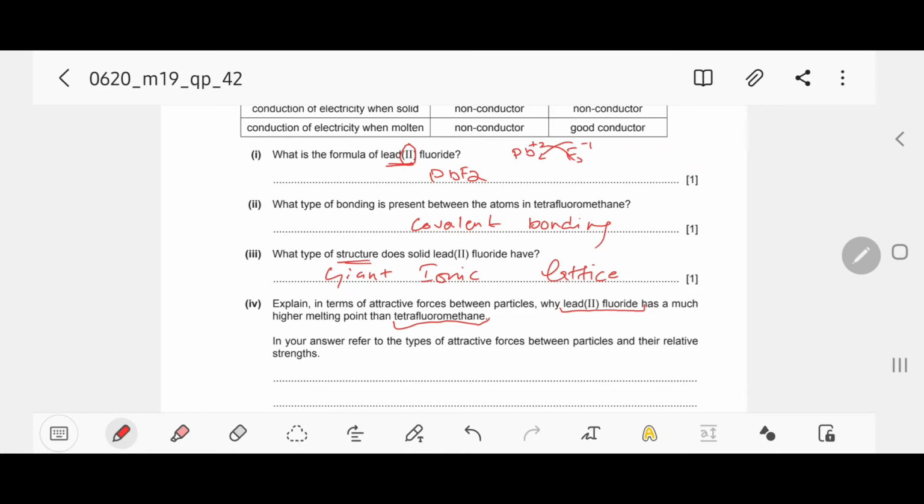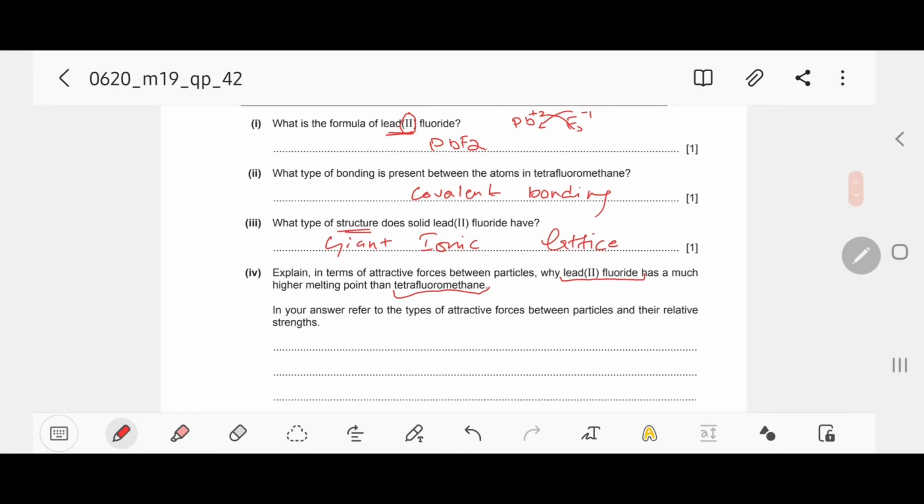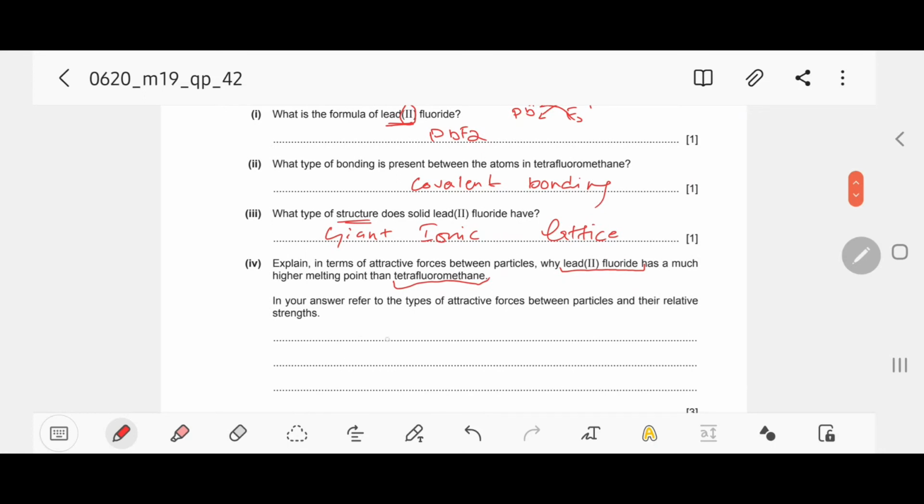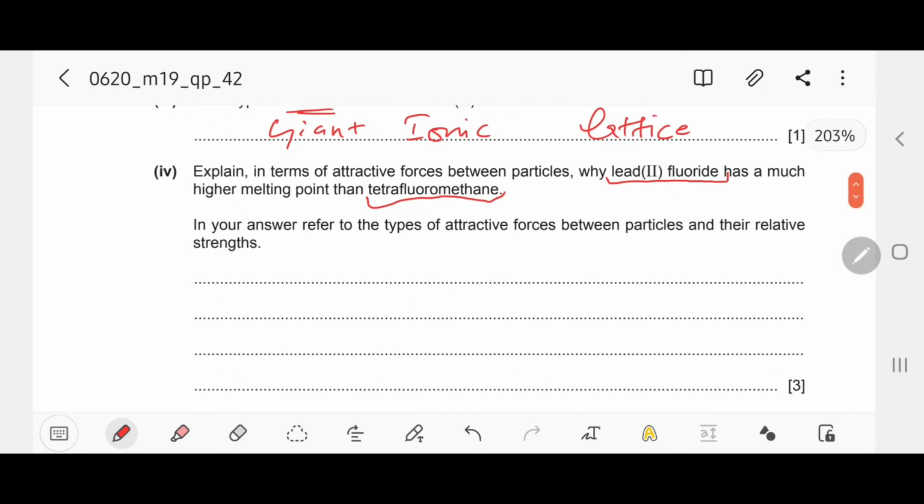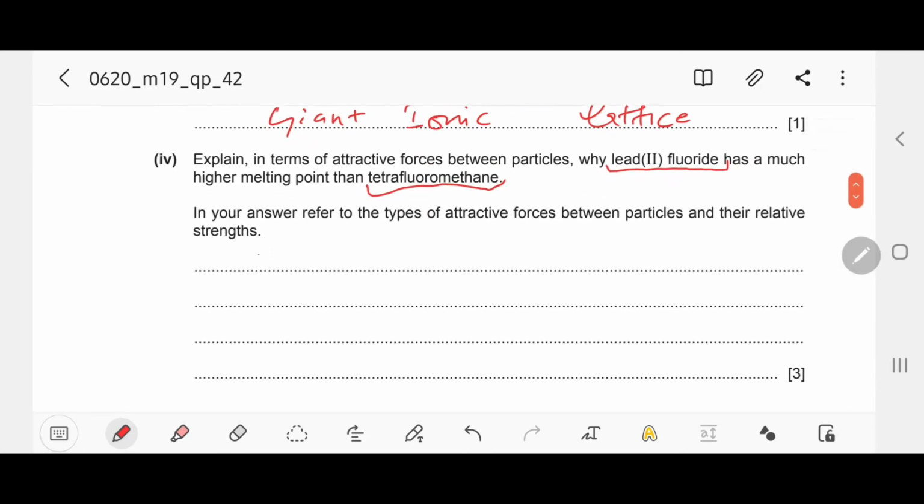In your answer, refer to the types of attractive forces between particles and their relative strengths. So we will state that PbF2 is an ionic compound.